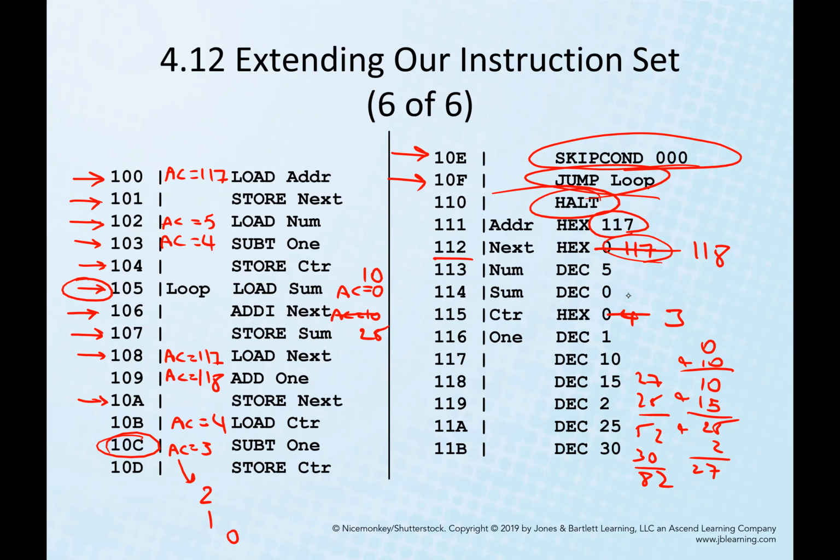The value in sum will be the total of these 5 addresses. So what kind of program is this? It just adds 5 numbers located in part of the memory.